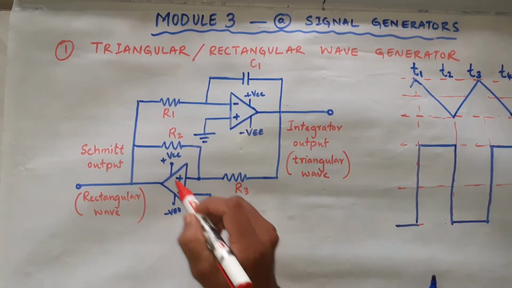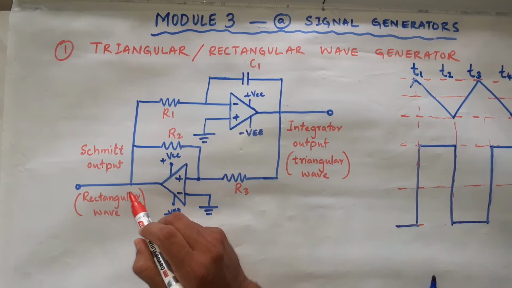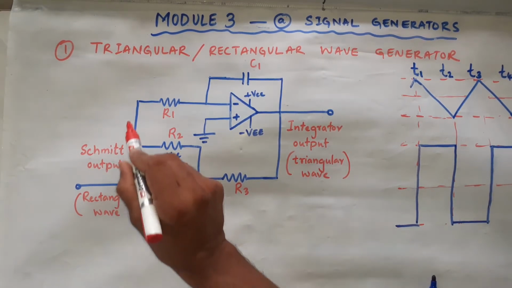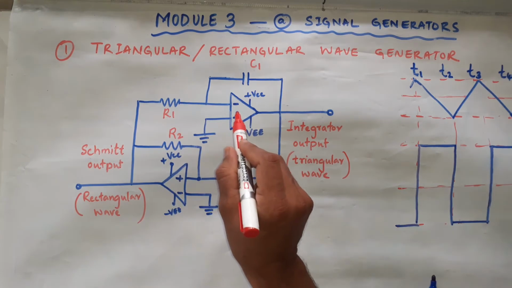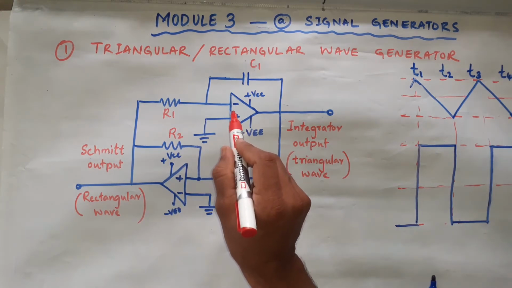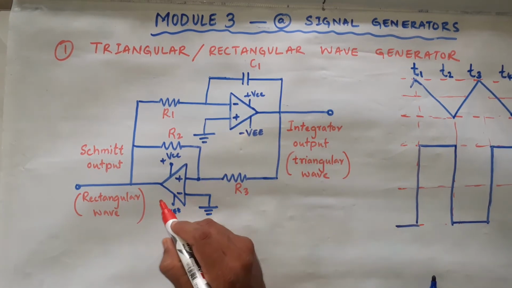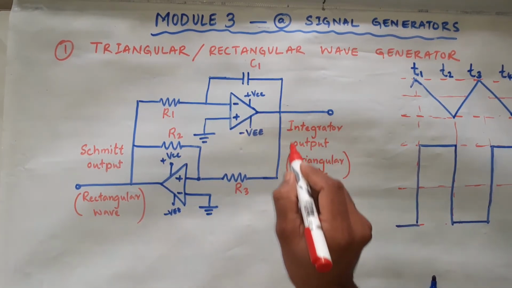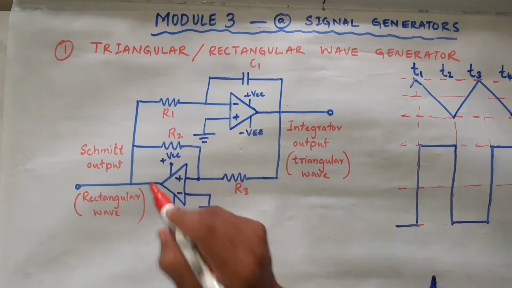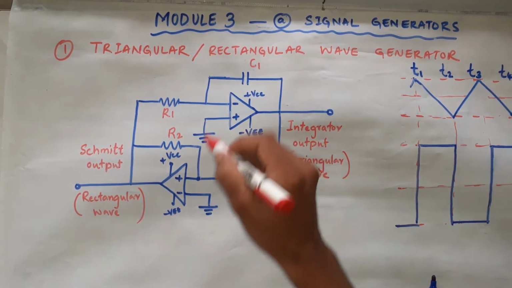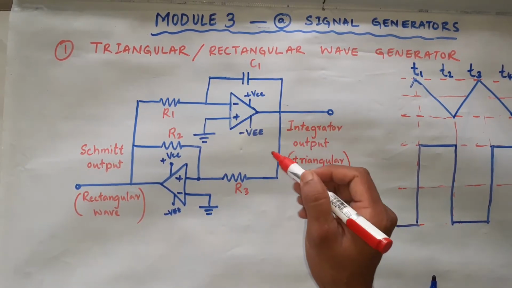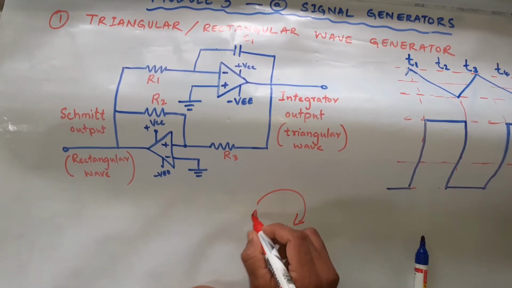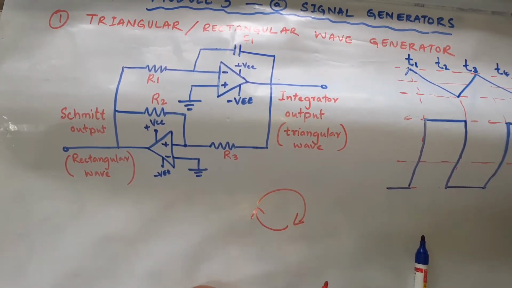The output of the Schmitt trigger is given as input to the integrator, and the output of the integrator is given as input to the Schmitt trigger. Both of them are connected back to back like a loop.